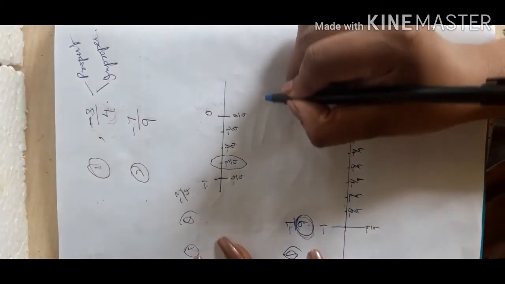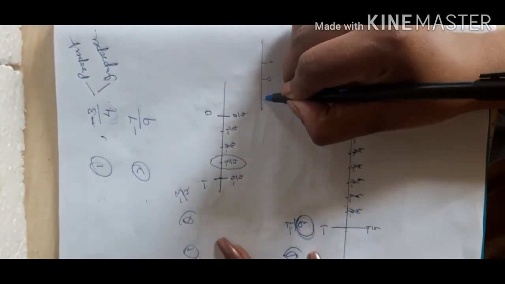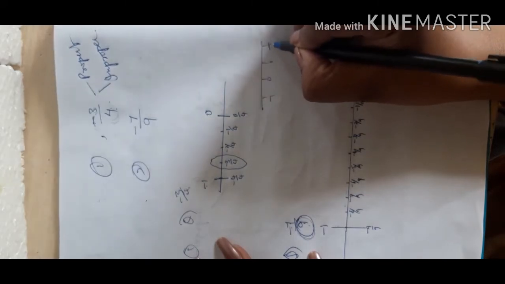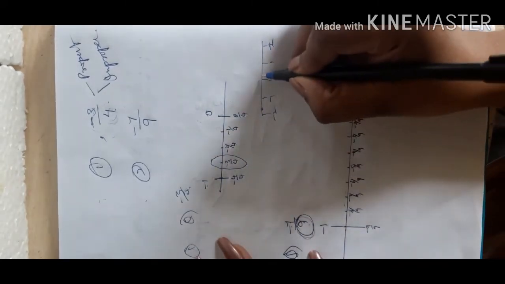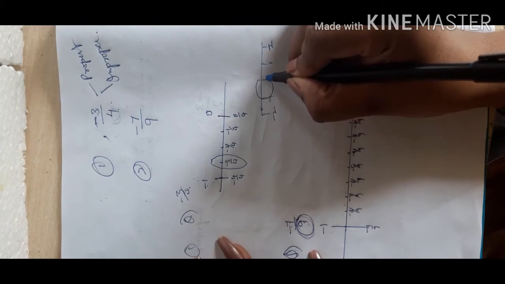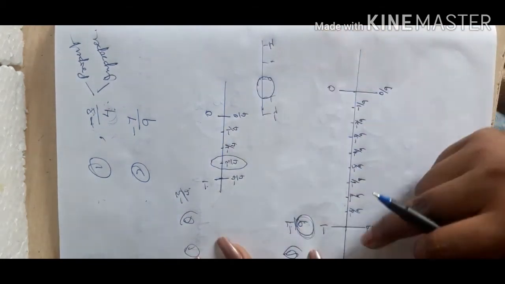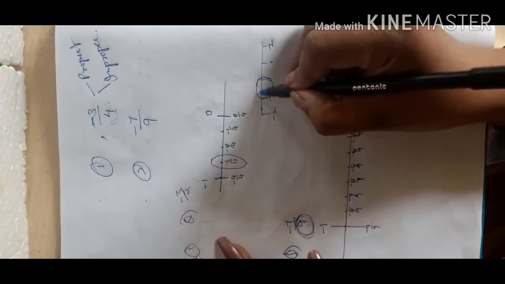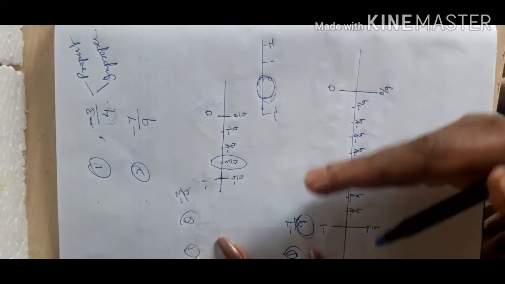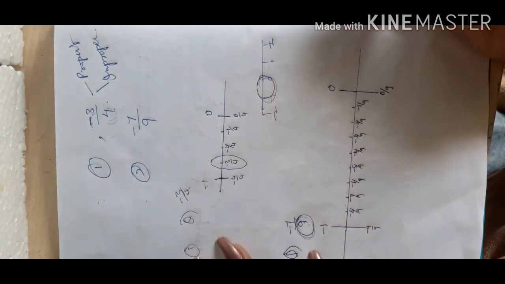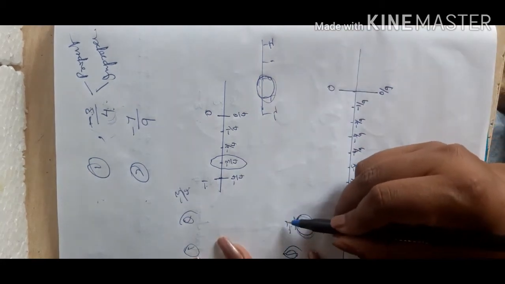So this small part we are enlarging and showing you. I made it into 9 exact parts to represent -7/9.